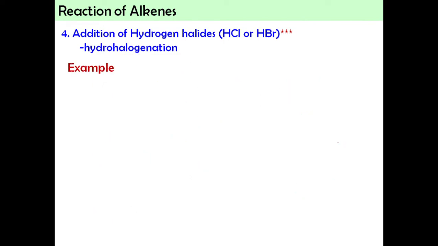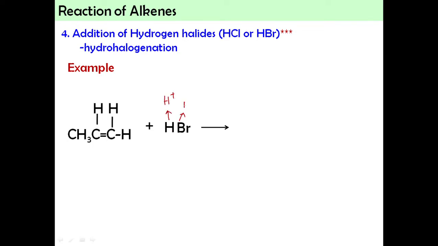So, untuk kita tengok the application of Markovnikov, let's look at the example. This is our alkene react with HBr. Okay, so HBr akan provide H plus dan Br minus as the reagent. So, this is unsymmetrical reagent. What about the alkene? Okay, this carbon 2 hydrogen, this carbon hydrogen and CH3.